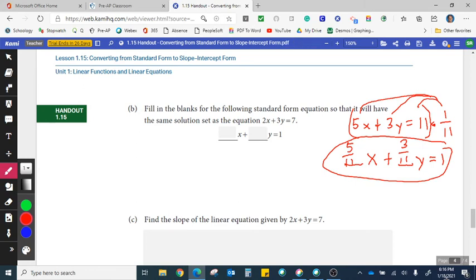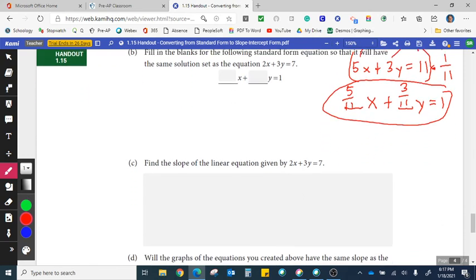You're going to take the same skills I just showed you: if you're trying to get 1 when you have a whole number, you multiply by the reciprocal, and that gives you 1. That's what we call the inverse of multiplication and division. The inverse in multiplication gives you 1.